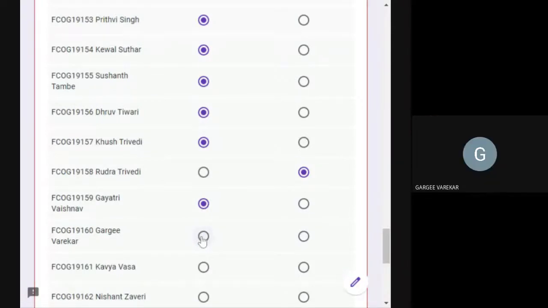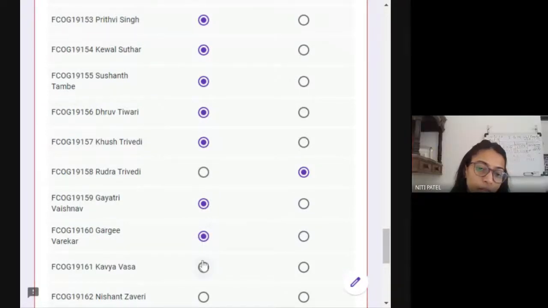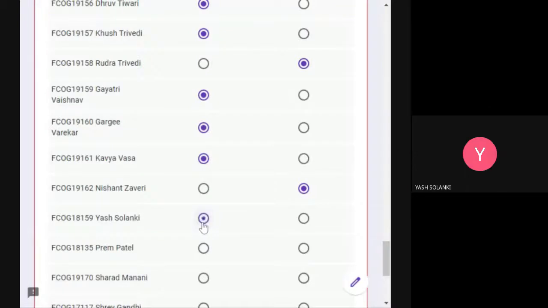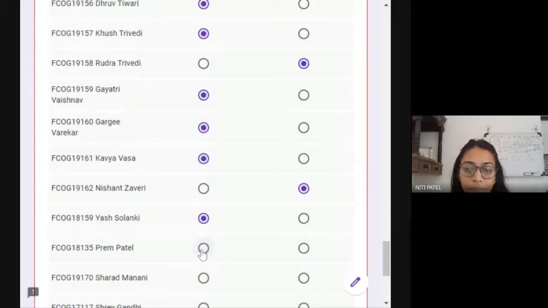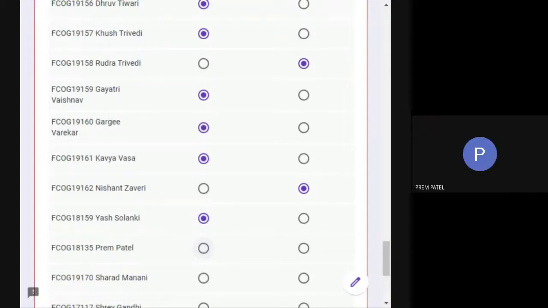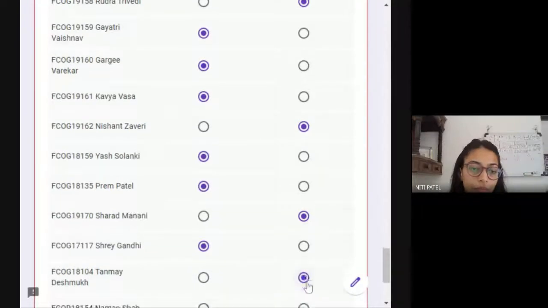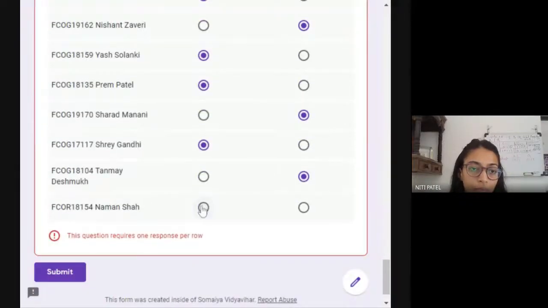Gargi, Present, ma'am. Kavya, Nishant, Yash Solanki, Present, ma'am. Prem, Present, ma'am. Sharad, Shrey, Present, ma'am. Tanmay, Naman.